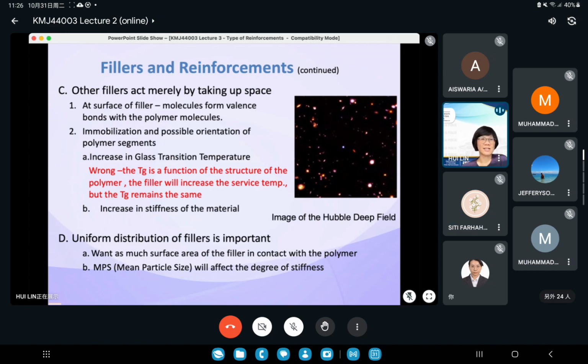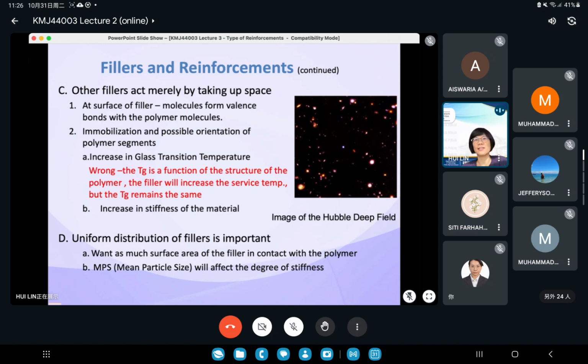Now I want to ask a very simple question. We see this phrase: other fillers act merely by taking up space. So some of the fillers, when we add them, are quite heavy, meaning that the density is high.